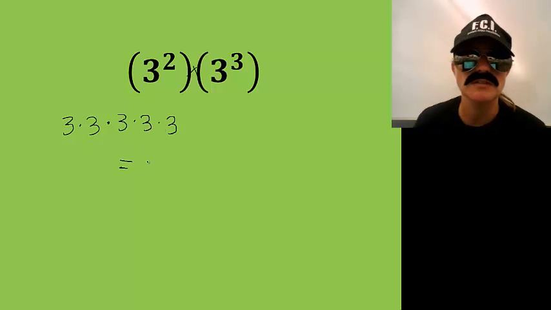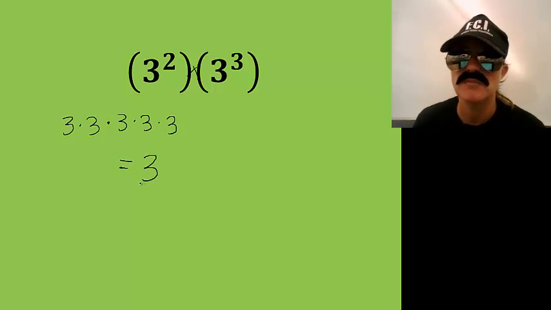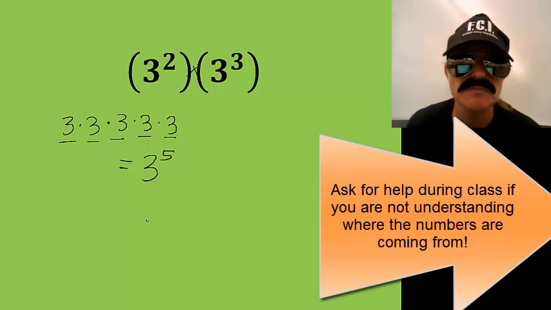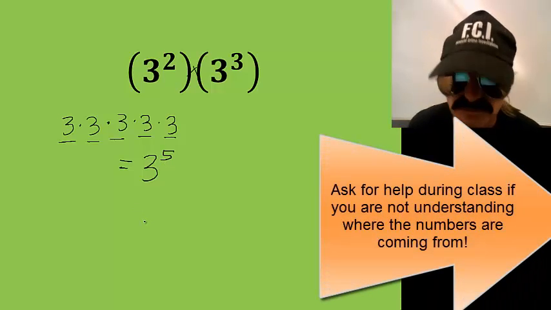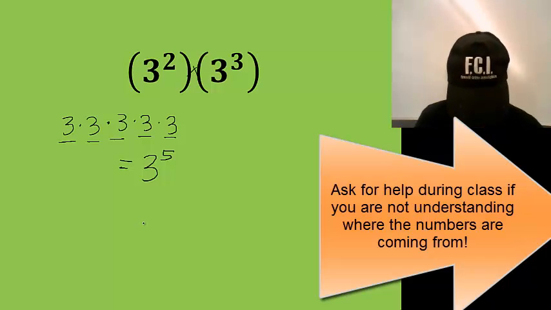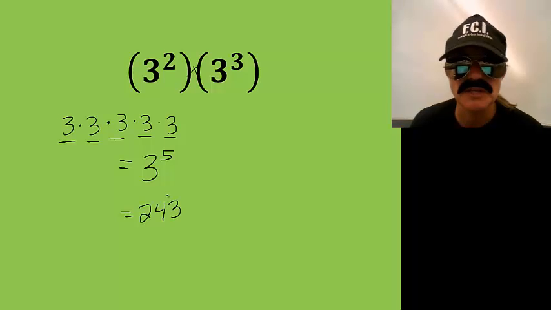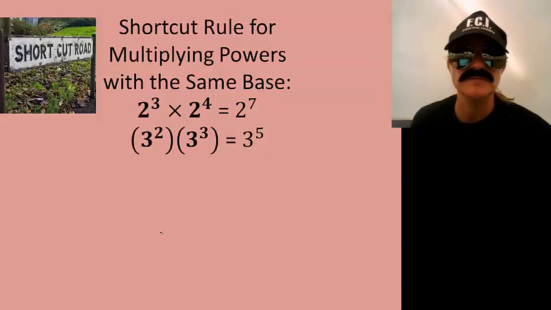I need to write this as an exponential answer. My base is 3. 1, 2, 3, 4, 5. I have 5 of them. I'm then going to do 3 times 3 times 3 times 3 times 3 and get 243. Your exponential answer and your numerical answer.